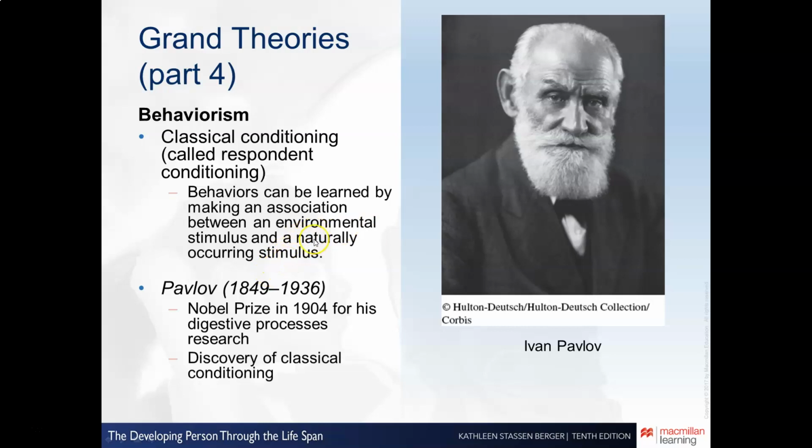Eventually Pavlov would ring a bell right before the dogs would be fed, and they would make an association between the sound of the bell and the food, and begin salivating, getting ready to eat. And eventually Pavlov was able to not even present the food and just ring the bell, and the dogs would salivate.